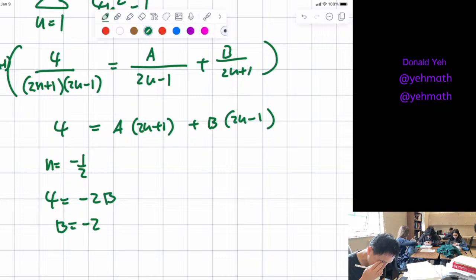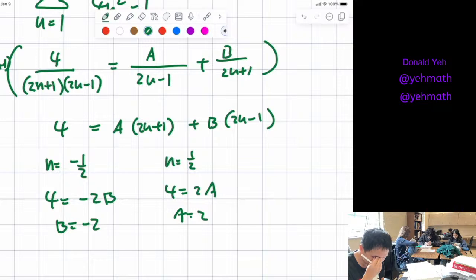Okay, so that's why you need to know partial fraction, because you might need it for a different reason. Now, n is equal to positive 1/2. Then the second term is going to go away. So you're going to get 4 equal to 2a. A is equal to 2. Got it so far?